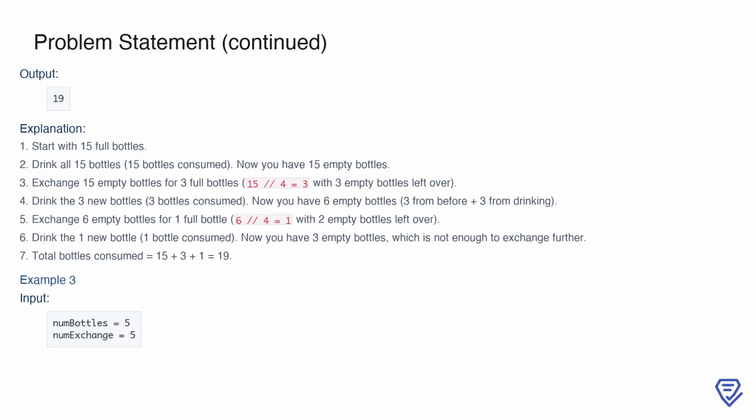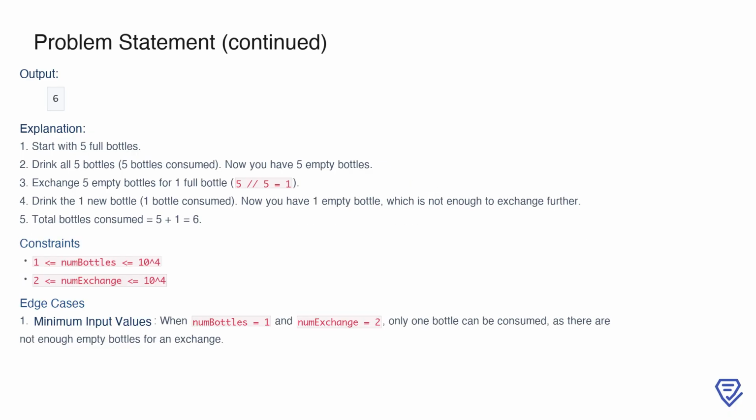Exchanging 6 empty bottles gives you one additional full bottle, with 2 empty bottles remaining. You drink this final bottle, leaving you with 3 empty bottles, which is still not enough for another exchange. Adding it all up, you have consumed 15 bottles initially, 3 from the first exchange, and 1 from the second exchange, for a total of 19 bottles.